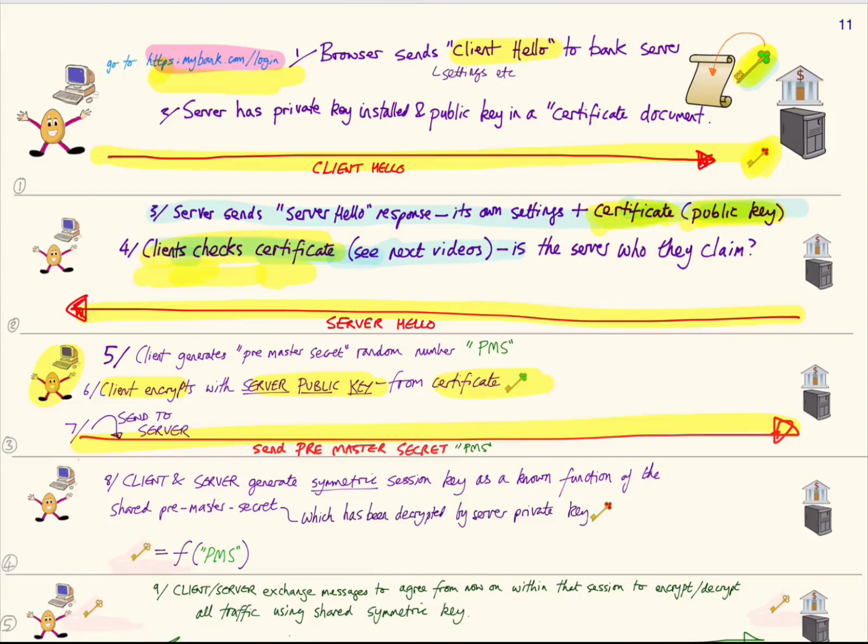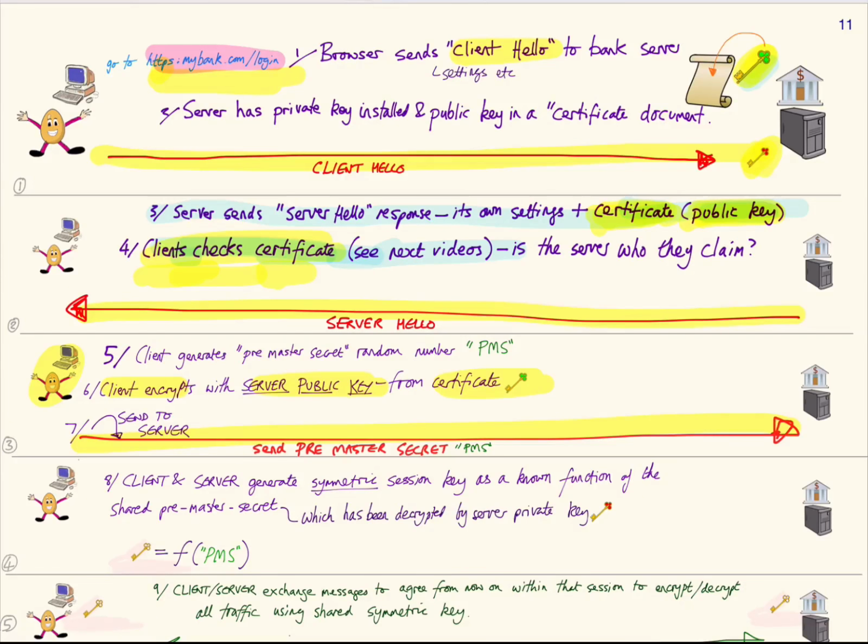So basically the client, again, generates a random number. I'll explain what that random number does in a second. You might be getting an idea of what it's going to do anyway. It's going to take that random number, encrypt it with the server's public key, right? And then it's going to send that encrypted message back to the server.